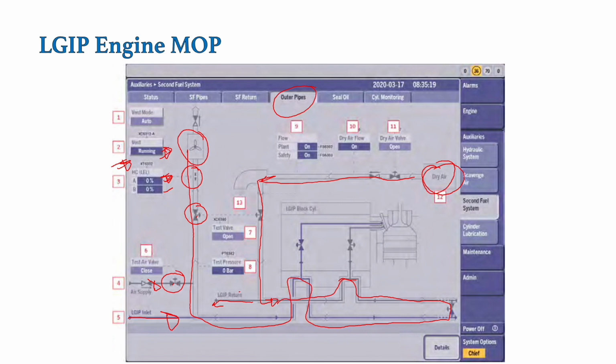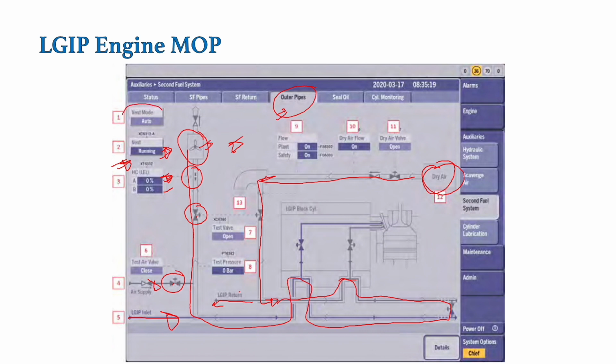There is a sequence for carrying out the outer pipe test. When the test is carried out, this fan will be stopped, and when this air is supplied at 7 bar, then these two valves are shut, and time is monitored, and if for that particular period of time there is no pressure drop, then only is this test passed.